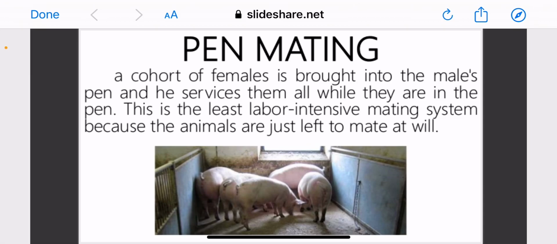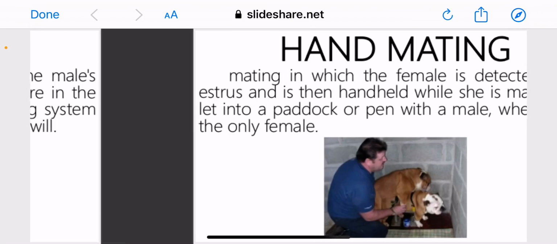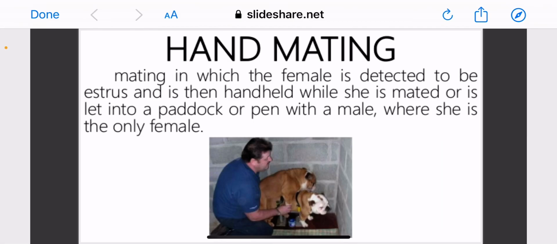So for one bull there are many, or as you can see, four sows.